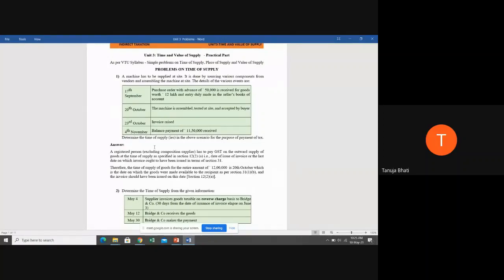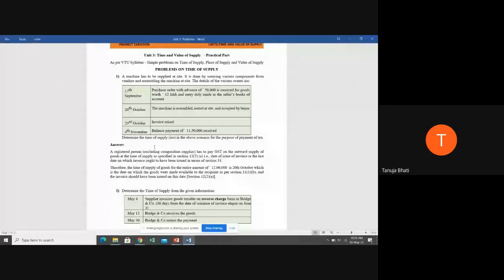First and foremost, if any problem is given, students, I'll tell you all the steps in which you need to solve. First, check whether the problem is for goods or for services. Once you determine that, check under which subsection it falls: whether it is forward charge, reverse charge, vouchers, or addition in value.